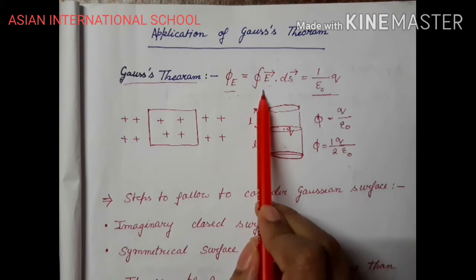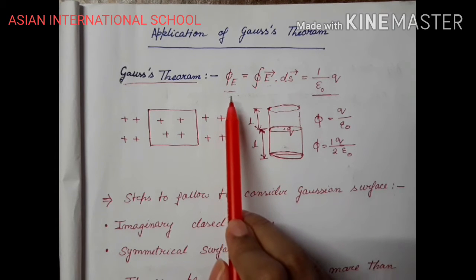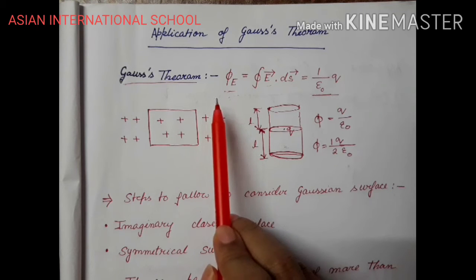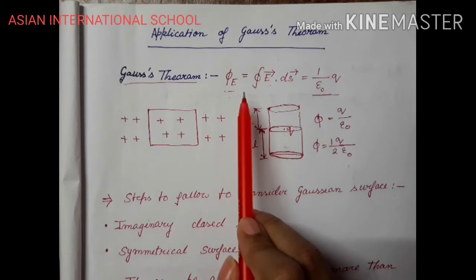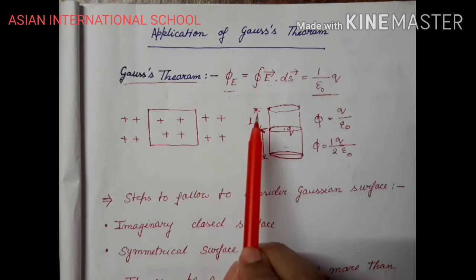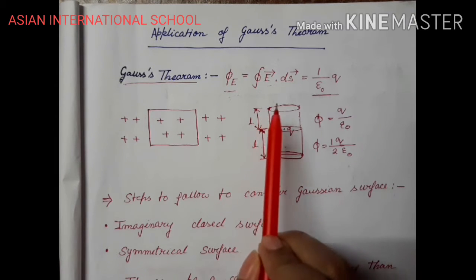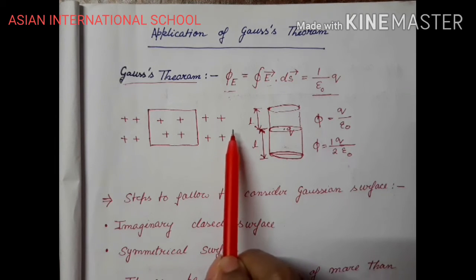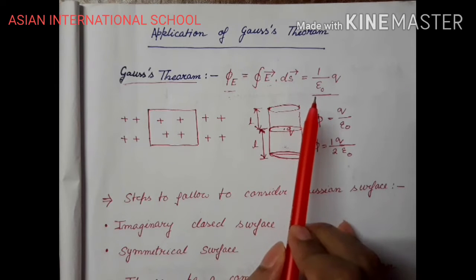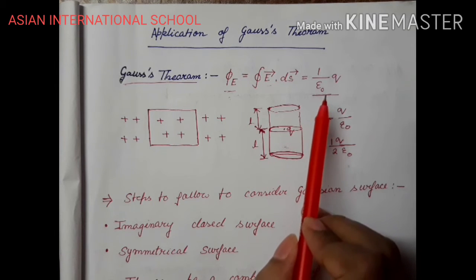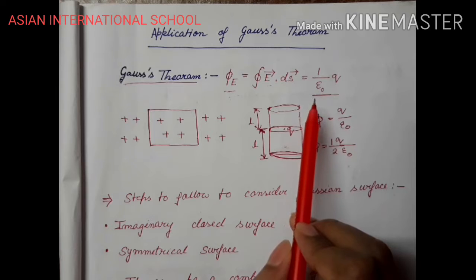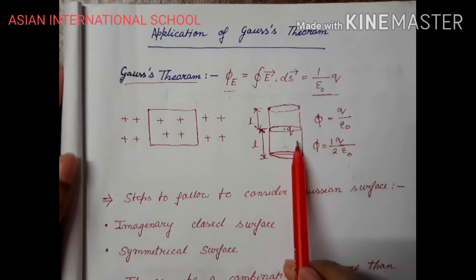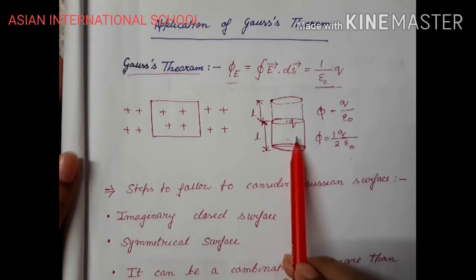Previously we used to consider an elementary portion, calculate the elementary electric field for it, then integrate the electric field and then calculate the net electric field. But here what you need to do is enclose the charge.